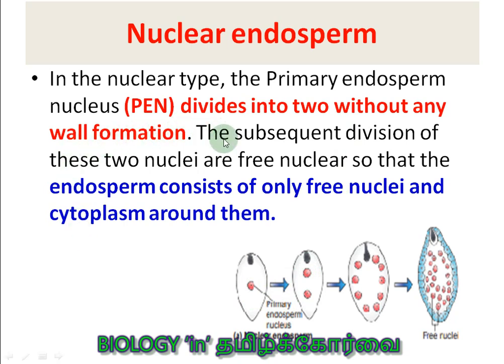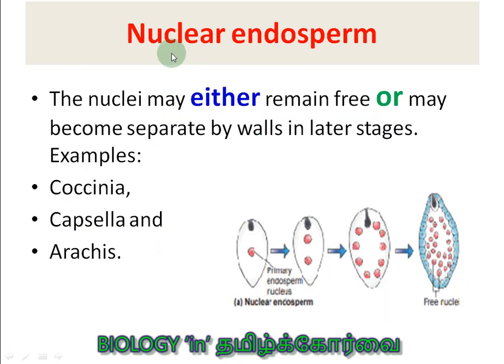The subsequent divisions of these two nuclei are free nuclear. Free nuclear means nuclei continuously divide, but it is not followed by cell wall formation, and it is surrounded by some amount of cytoplasm. So this is the reason why it is just floating as nuclei.